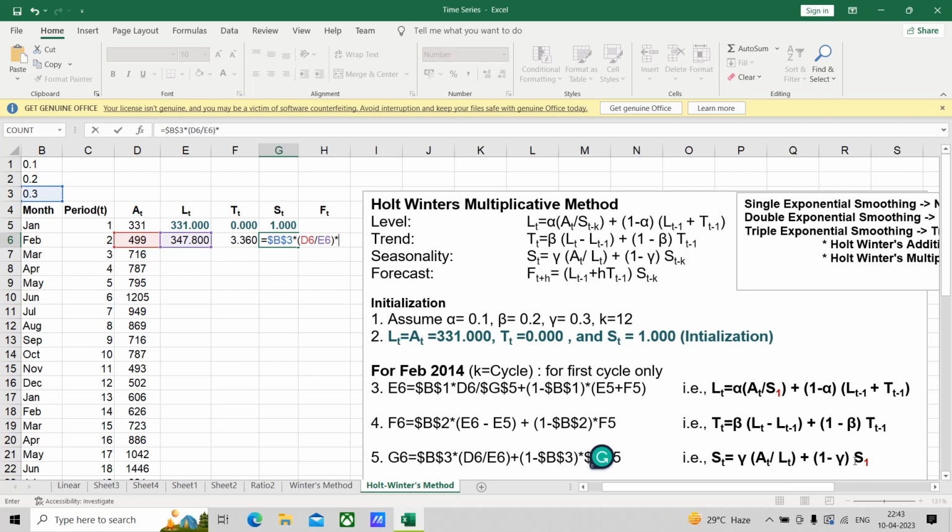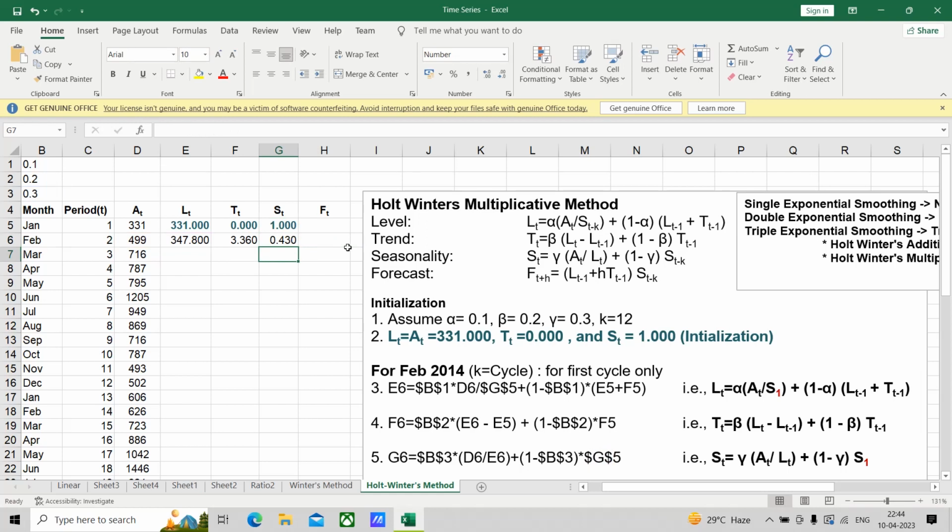So I put here S1, and S1 is nothing but this value 1.00, that is G5. So I click this cell and press enter, and we have to make it absolute again, so we press F4 because this S1 is fixed for the first 12 months.